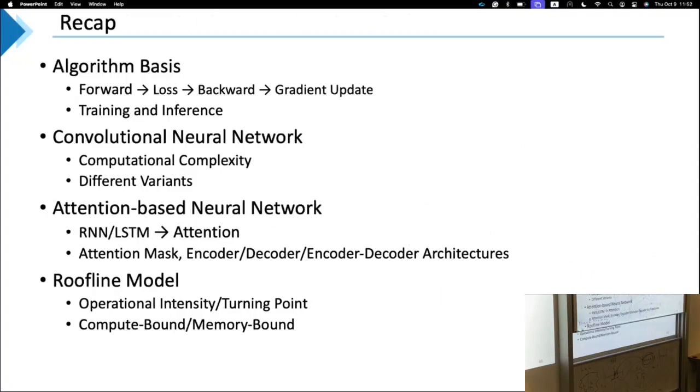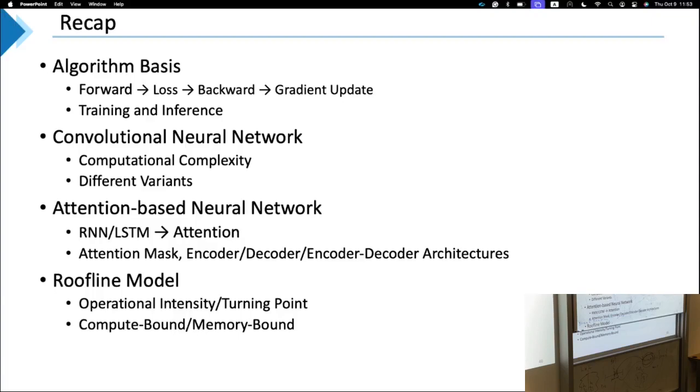Today's content is all covered in our first lecture slides. If you remember, in the second half of Monday's lecture, we introduced the algorithmic basis. We used a single neuron example to introduce the forward pass, backward pass, loss computation, and gradient updates.